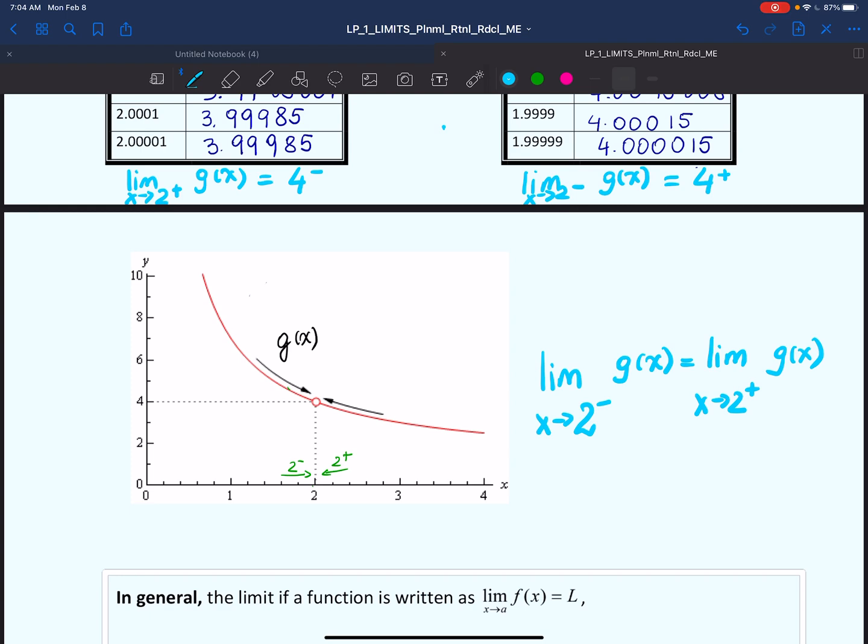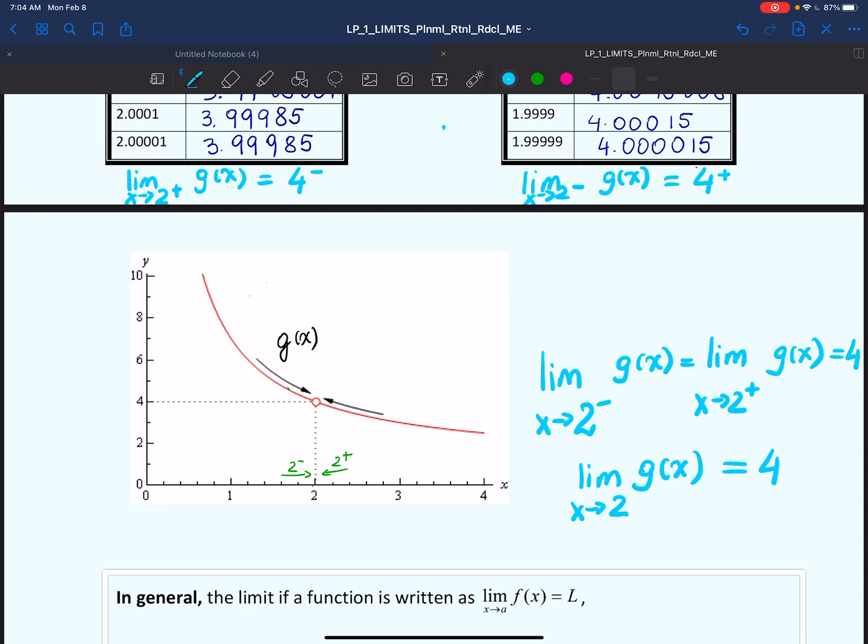Okay, and it equals 4. Okay, again, this is an estimation. So in this case, we're going to say that the limit of a function exists, and if we were asked to find the limit at x equals 2, not 2 minus or 2 plus, but exactly at 2, we're going to say that the limit equals 4.